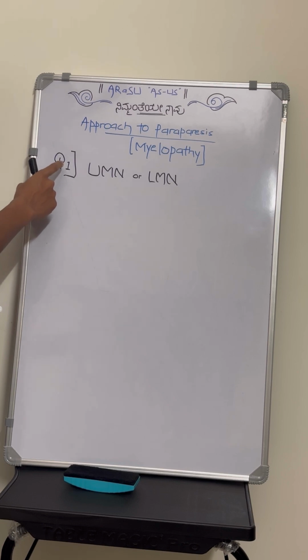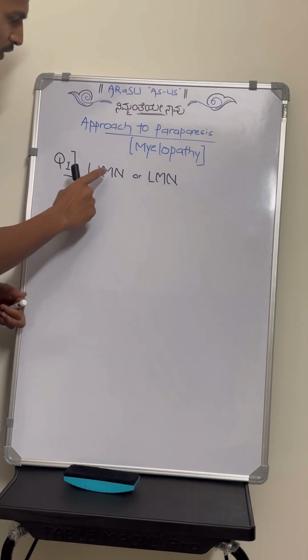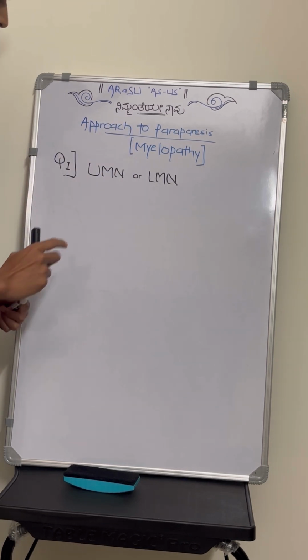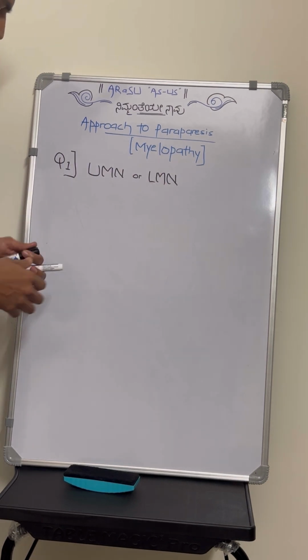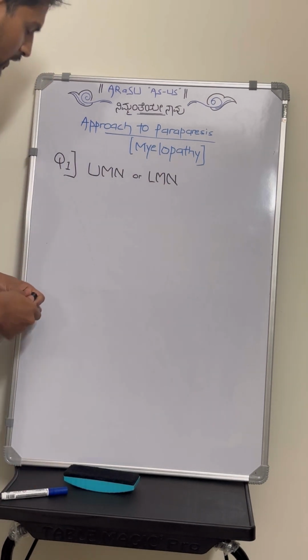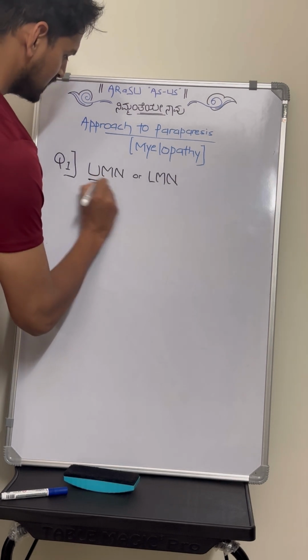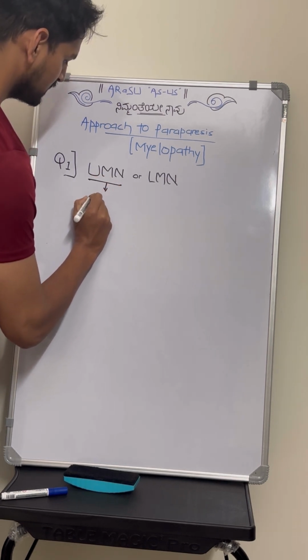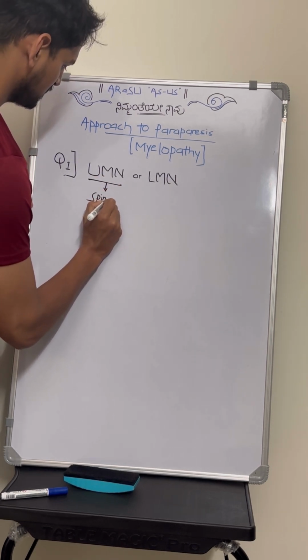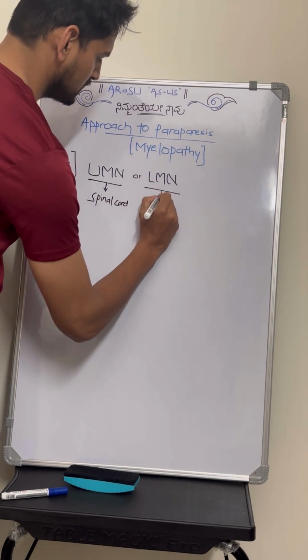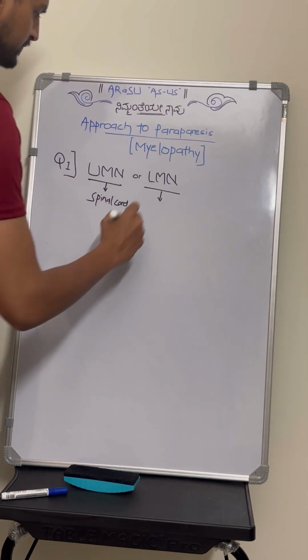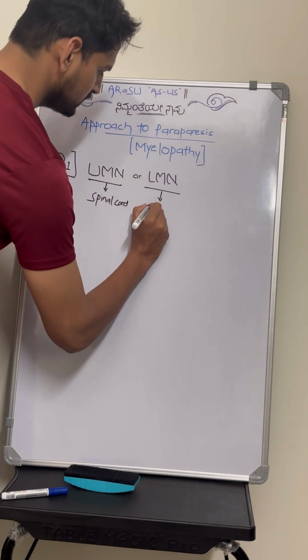So we will go through the approach proper. First, we have to decide, based on the history, whether the weakness he is complaining of is because of a UMN lesion or an LMN lesion. Why is it important? As we all know, anything related to the cord, the spinal cord, will be UMN, whereas LMN type of weakness will be because of peripheral nerve.